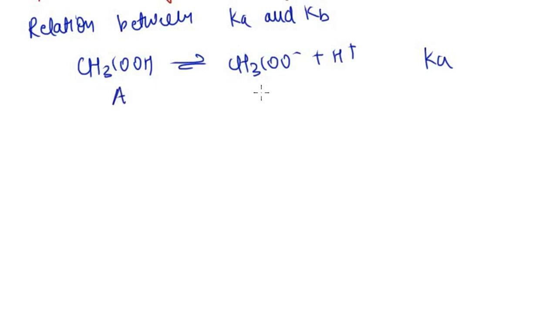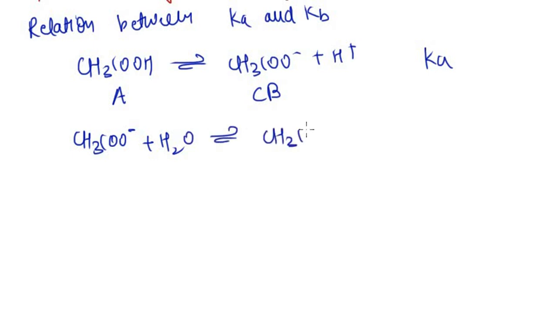This is the acid, and this is its conjugate base. Now, when we treat the conjugate base CH3COO minus as a base, it must release OH minus. When hydrolyzed with water, it gives acetic acid plus OH minus, and that is Kb.